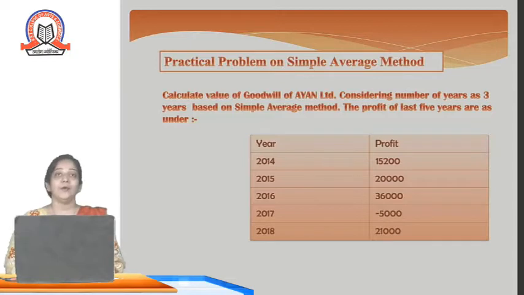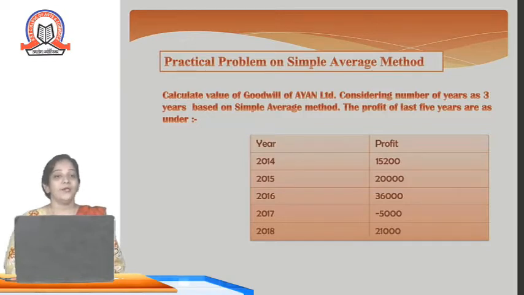For that purpose, first we need to calculate the average profit. In the question, the profits for the different years will be mentioned. It may include a loss value. A loss will be represented in minus. So let's see an example given here.